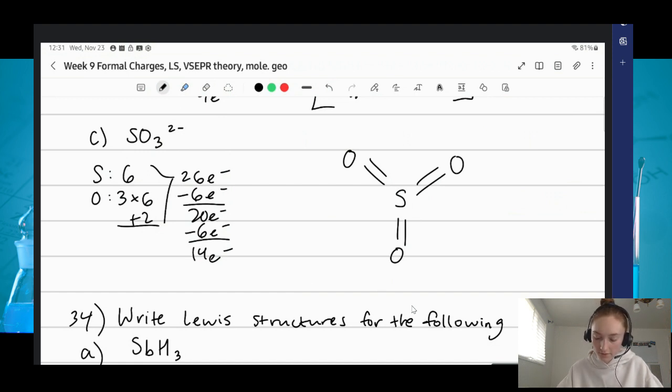Since we have 14 left over, and we have 3 oxygens, that'll be 2 over here, so 4 each, since it's needing 4. So 4 times 3 is 12, so it looks like it'll actually need 2 more.